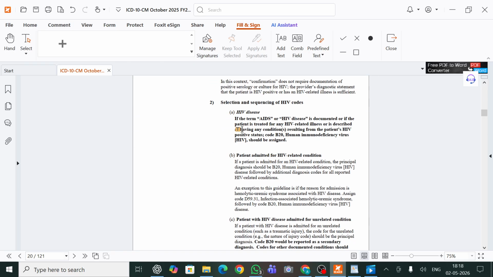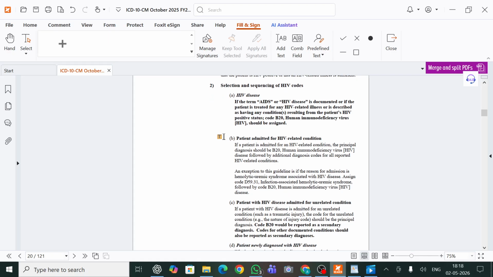Second one is the selection and sequencing of the HIV codes. So how to select that? If HIV disease, AIDS, or HIV infection disease is mentioned in your medical record or patient details, at that time we directly code B20, not Z21, because B20 is the confirmed diagnosis.